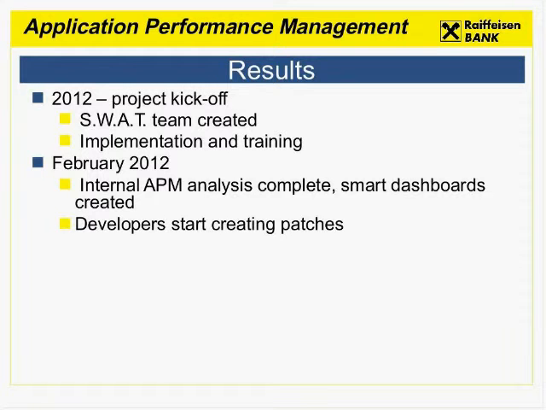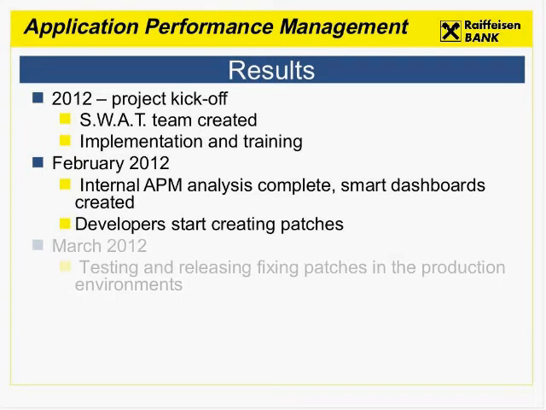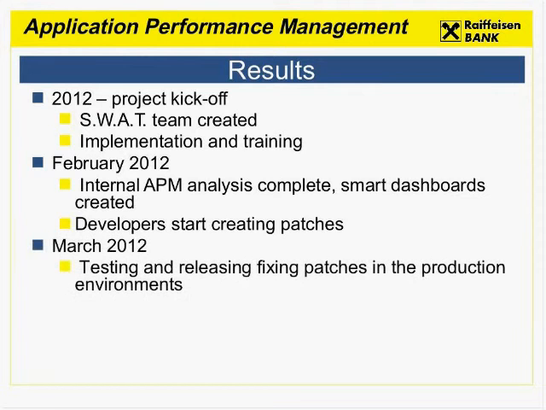We found a lot of issues, and in February we were able to work with development to create the fix patches, which solved our problems. In March, we finished the tests and released the fix patches in the production environment.